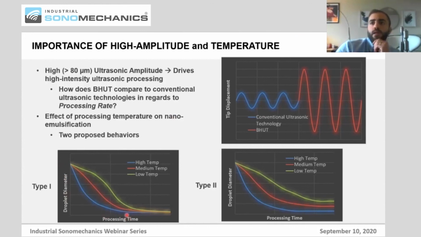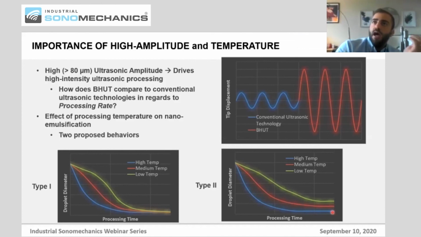In type 1, the processing rate is faster. We get down to smaller droplets more quickly at higher temperatures than at lower temperatures, but ultimately with enough time, we get to the same place. So that's our type 1 possibility. And type 2 would be that at higher temperatures, we get an increased processing rate and we're able to achieve smaller droplets. So these are two modes of how processing temperature could affect nanoemulsification.